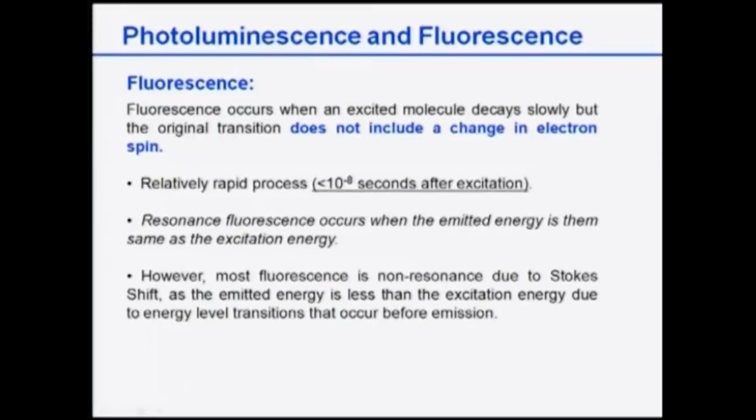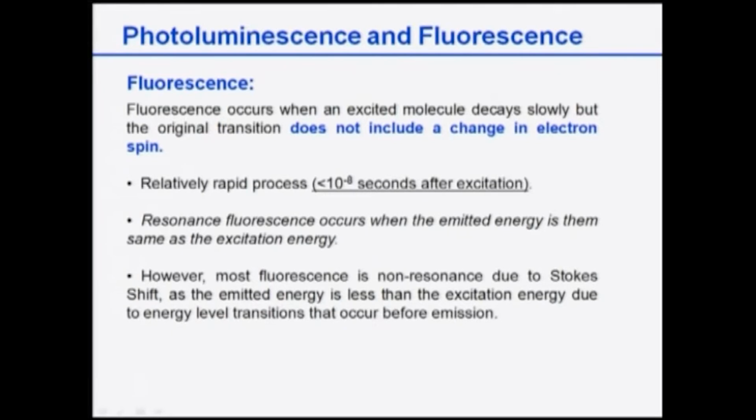Again, to strengthen my lecture and give you better perspective, fluorescence occurs when an excited molecule decays, but the original transition does not include a change in electron spin, and this is a relatively rapid process.